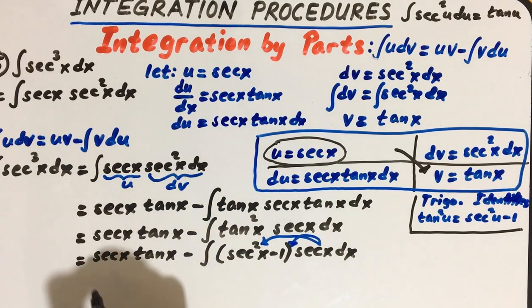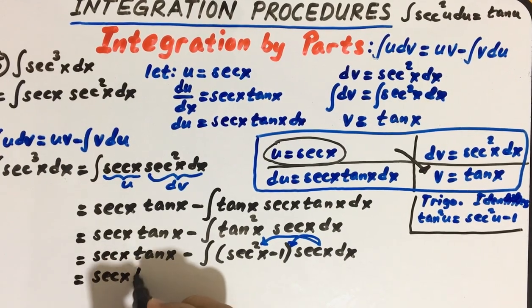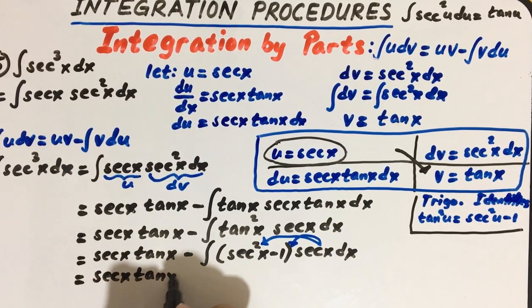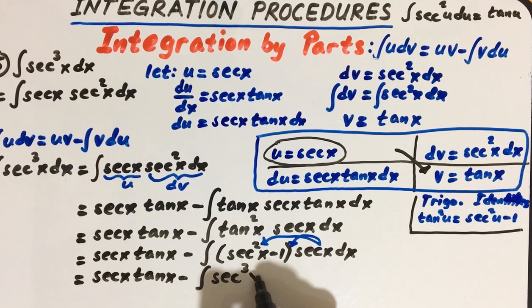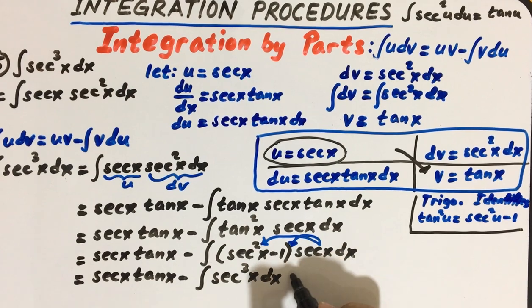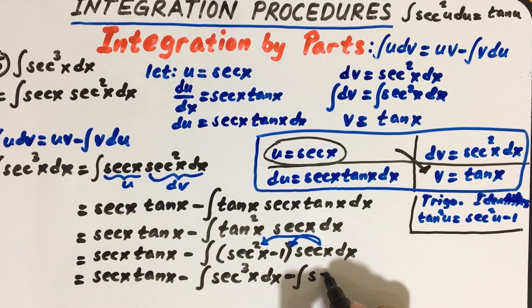So we have secant x tangent x minus the integral of secant squared x multiplied by secant x dx, so this will be secant cube x dx. Then minus the integral of 1 times secant x dx, which is equal to secant x dx.